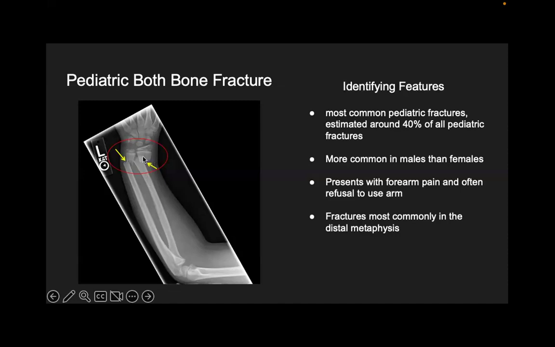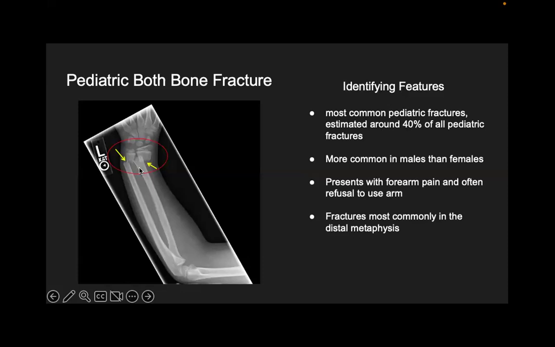So your growth plate over here, that's your physis. Your epiphysis is going to be the part distal to it. Metaphysis is the part that's the widening of the shaft as it approaches your physis. Everyone understand that? So a pediatric both bone fracture will most commonly occur at the distal metaphysis, as you can see here, that widening portion where your shaft extends towards your growth plate. Okay, so that's a pediatric both bone fracture.